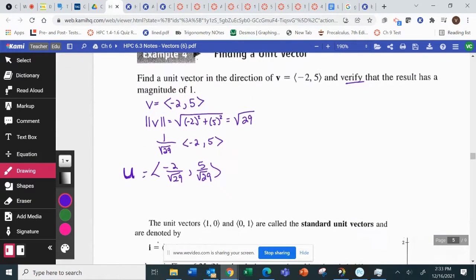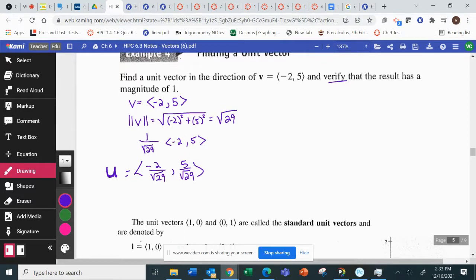Now we have to verify that that really is 1 unit long. To find how long it is, what do I do? Hint, we found how long vector v was just a moment ago.